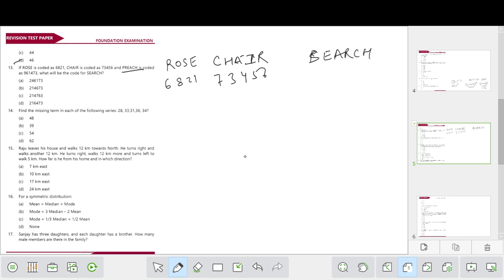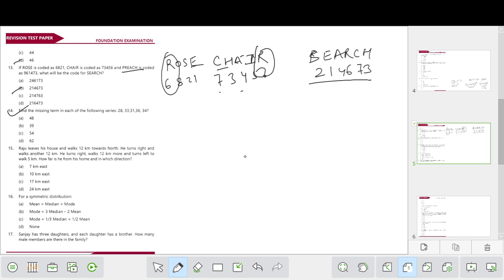So preach is also given, but if you see, all the letters of search are already there in rose and chair. So we can verify that R is 6 for both of them. So that means whatever the letter is, it is associated with the same number. So R is 6, C is 7, H is 3, A is 4, E is 1, and S is 2. So 214673. B is the right answer.